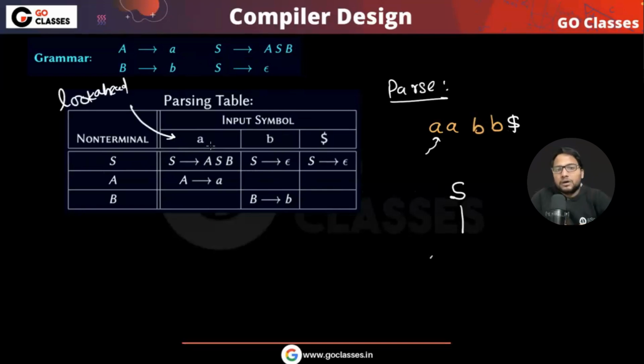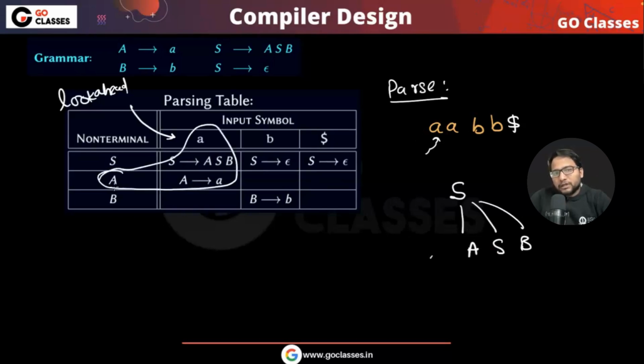So if you want to generate a small a at first, then you use this capital A, capital S, capital B production, right? And then if you have capital A in hand and you still want to produce a small a, then you will use this production, and then a is matching.